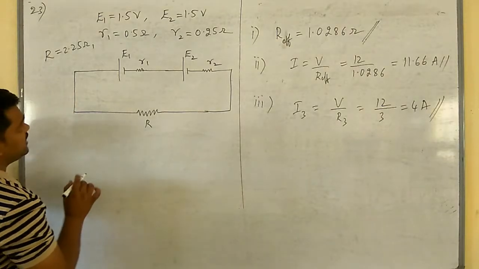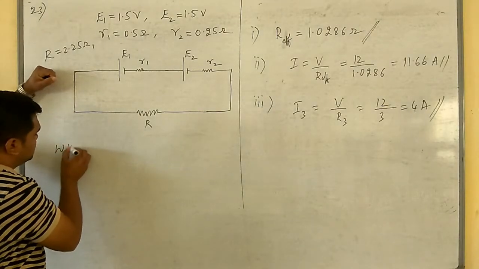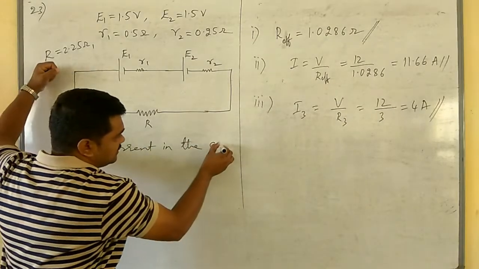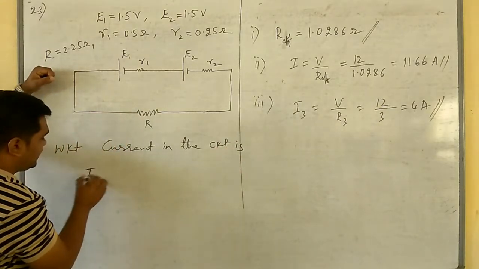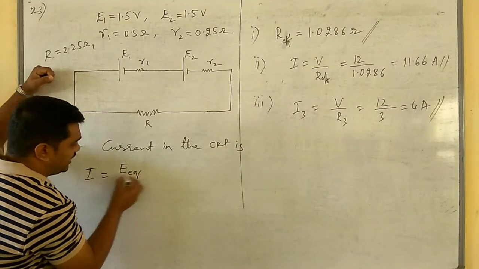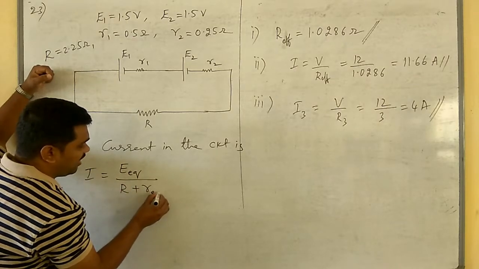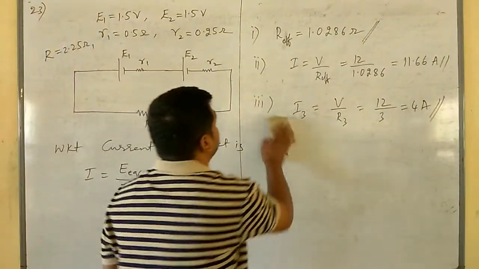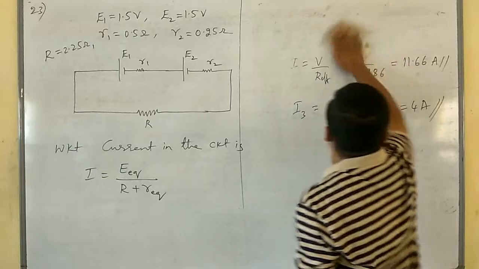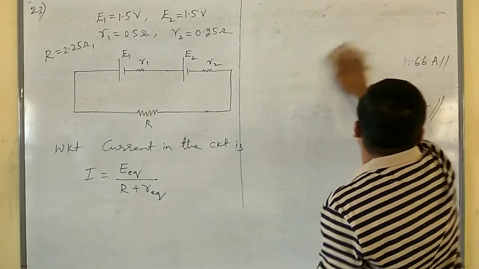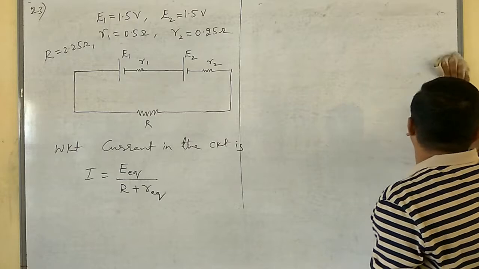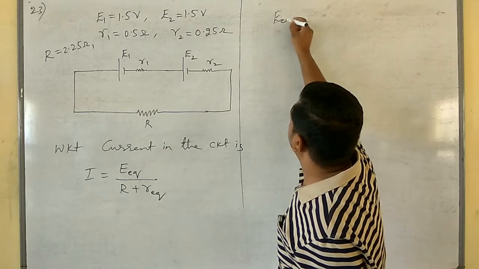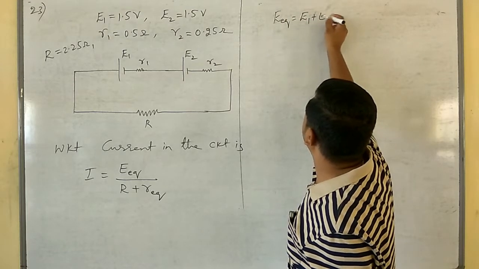Okay. To find the current, we know that current in the circuit is I is equal to E equivalent divided by R plus R equivalent. Using this formula, we have to find out the electric current, that is main current in the circuit. So in the theory, I have already taught this. Whenever two cells are connected in series, the E effective, or E equivalent, is given by simply E1 plus E2.